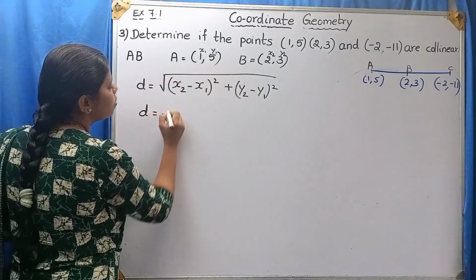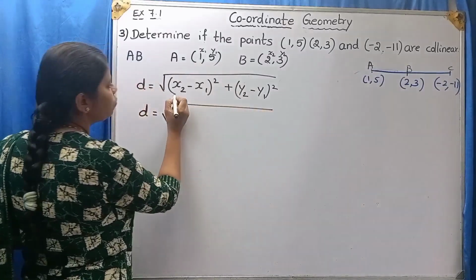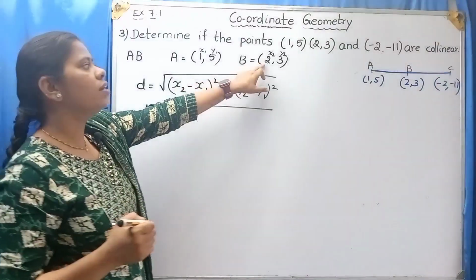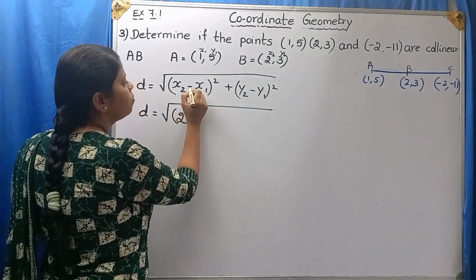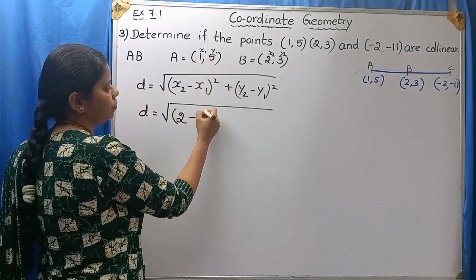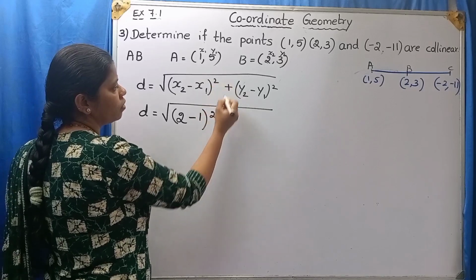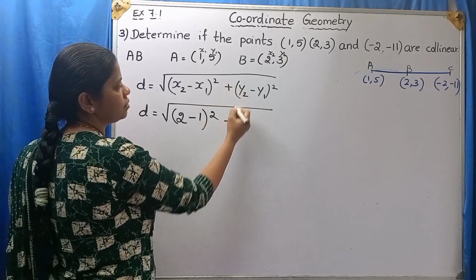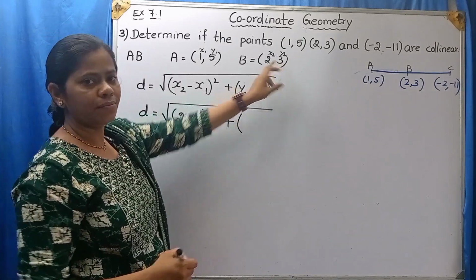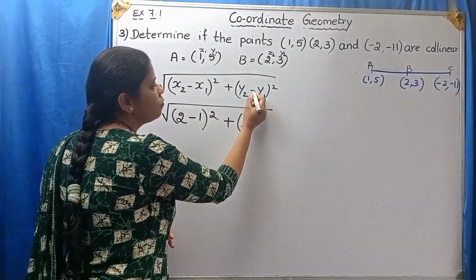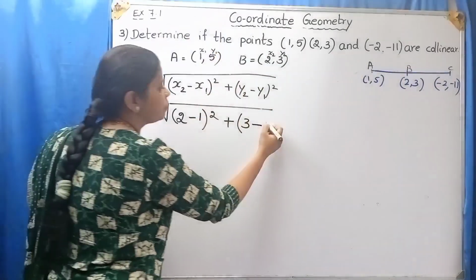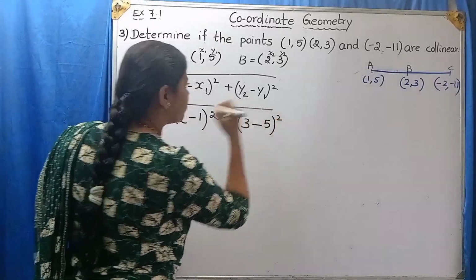D is equal to square root of, bracket, x2, the value of x2 is 2, minus x1, the value of x1 is 1, the whole square, plus bracket, y2, the value of y2 is 3, minus y1, y1 is 5, the whole square.